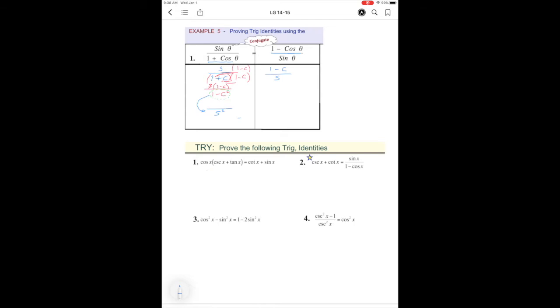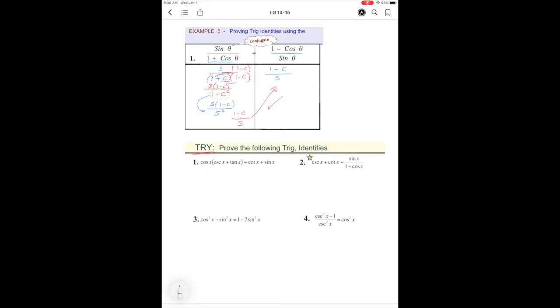This guy becomes S squared. All right, and then we have the S and the 1 minus C. Now you probably notice that this S takes off that S, and now we're left with 1 minus C over S, and there is that identity.